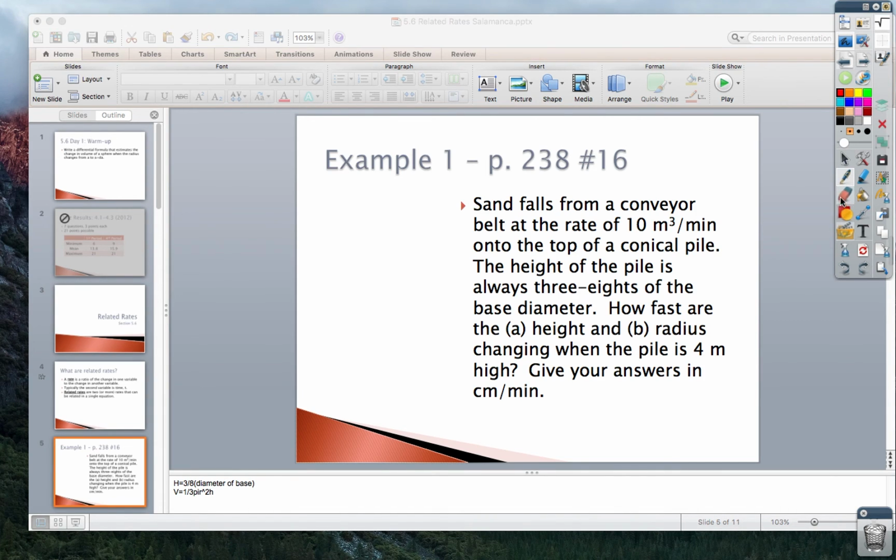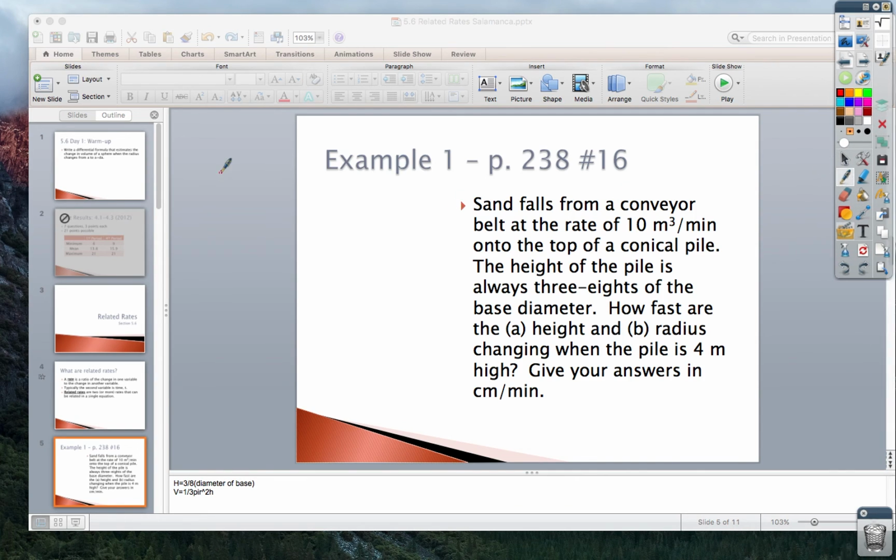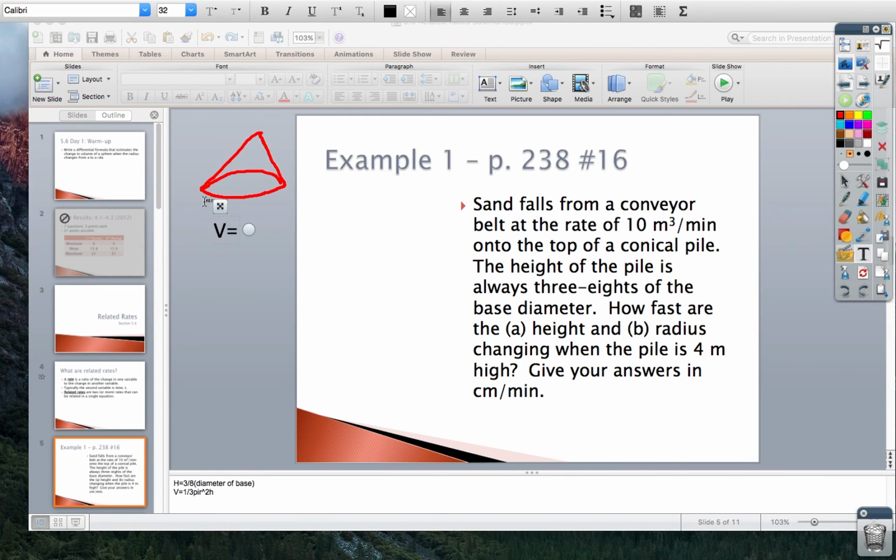So consider for a second, when we do these graphs, what we're really looking at here is a cone, because it says conical. So we have a cone like so, because sand is dropping into it. Now it says volume, so there's a couple things we need to consider. We know that the volume is equal to 1/3 pi r squared h.